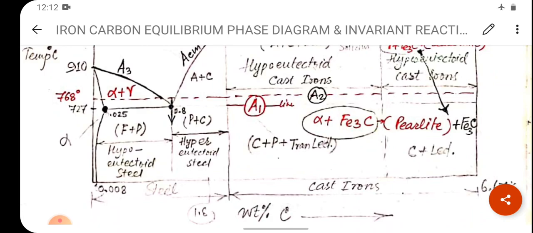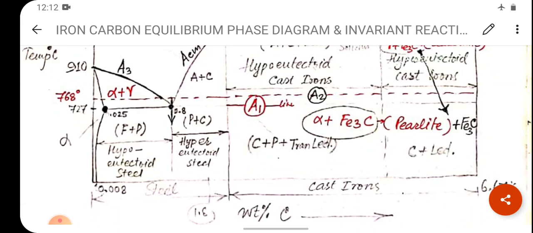So the iron carbon diagram is nothing but showing different structures of iron at different temperatures and invariant reactions present in the iron carbon diagram. That is, there are three invariant reactions. First one is the peritectic reaction, second one is the eutectic reaction, and third one is the eutectoid reaction.